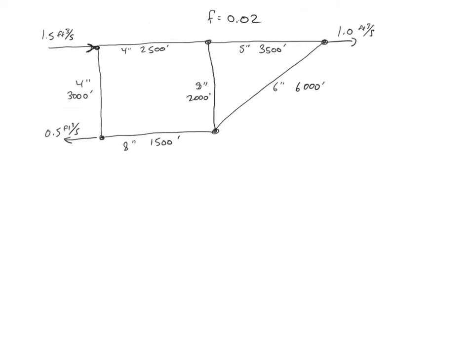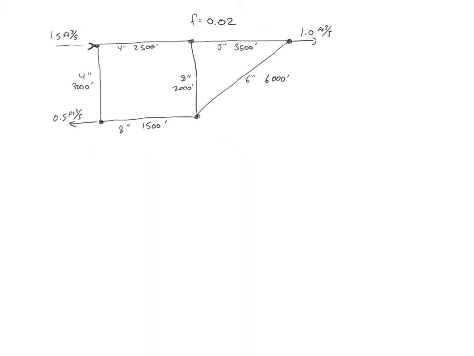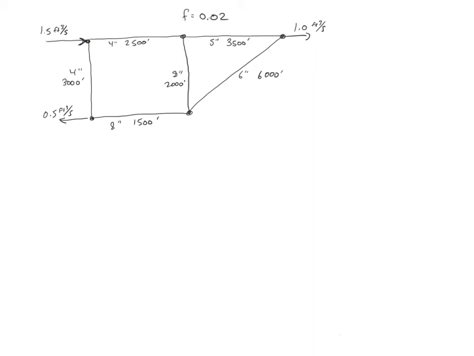I recommend you take a minute and maybe pause the video and draw this network out. We're going to first go through in general what the general steps are for the Hardy-Cross method. So I'm going to write those out on here while we're looking at this loop. And then once I've written out what the general steps are, we will go back to it and actually apply it as we solve the problem. Okay?